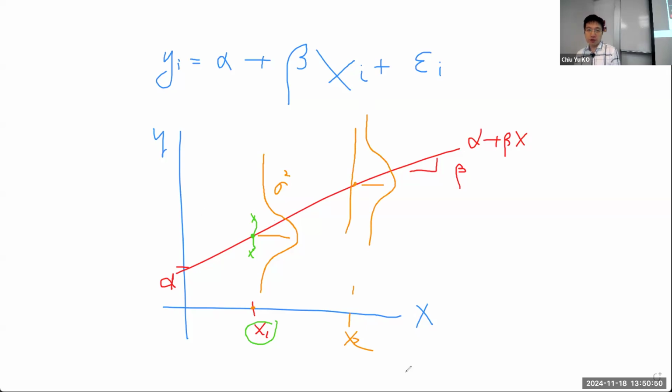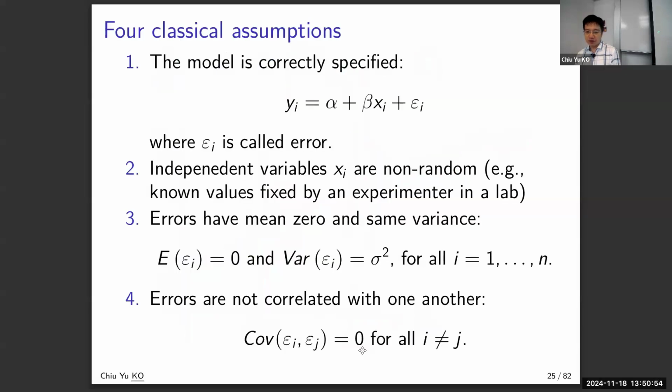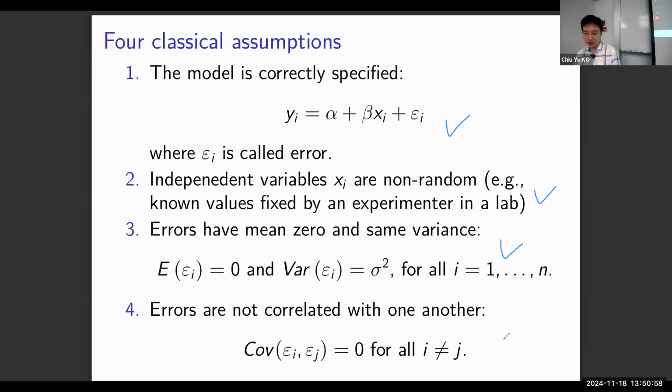The only troublesome one, besides relaxing this, and this one will also be relaxed in an advanced class, is the assumption that the random factors for different observations have covariance 0. When people study finance and accounting data, this is something that is often violated.